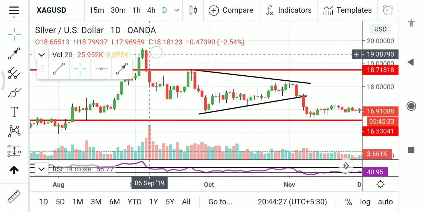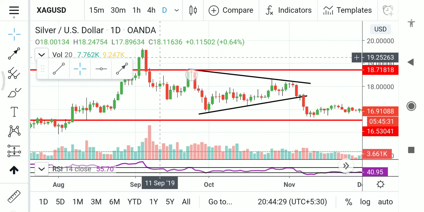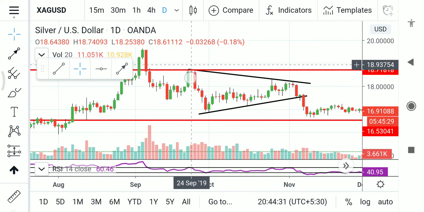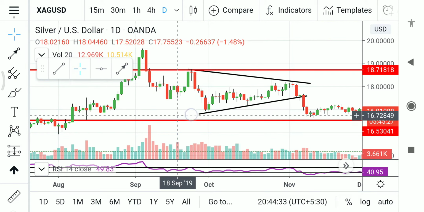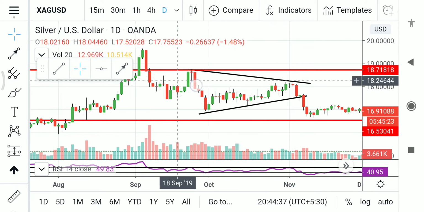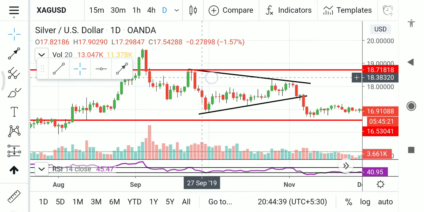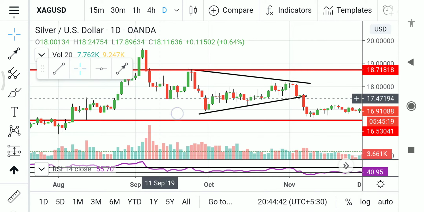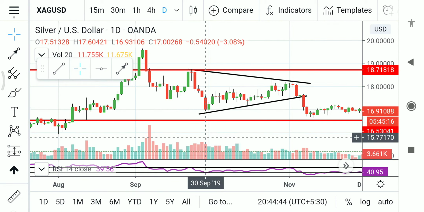So consider this region as a lower high, this region as a second lower high, and these as lower lows. So the trend remains bearish.